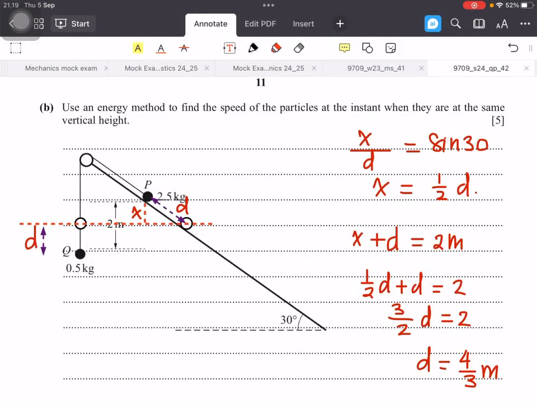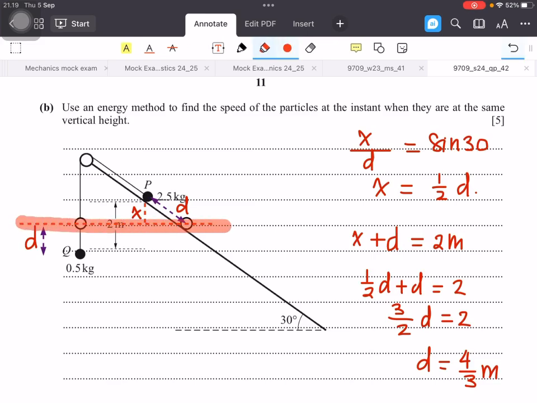Part B. Use an energy method to find the speed of the particles at the instant when they are at the same vertical height. So let's say this is the position in which P and Q are at the same vertical height, this dotted line.